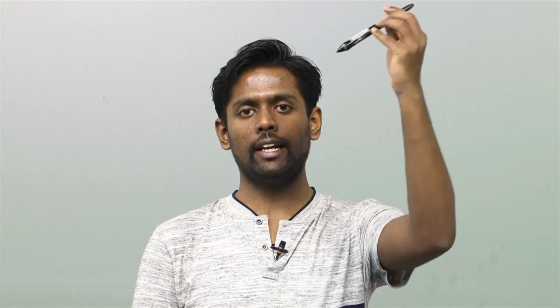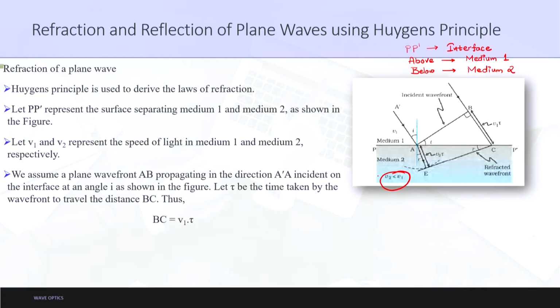According to the wave theory, when Christian Huygens and other scientists worked on this part, it was found that on refraction, if the light bends towards the normal, then the velocity in the second medium is less than in the first medium, which was also proved right by experimental analysis by Foucault and others. So similarly, it is written here that V2 is less than V1.